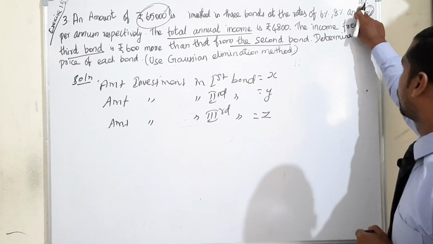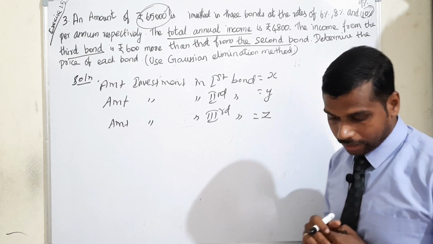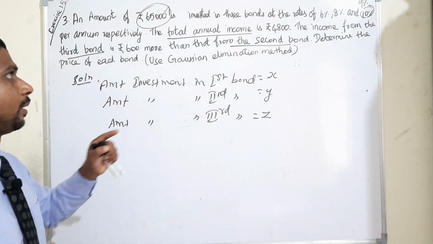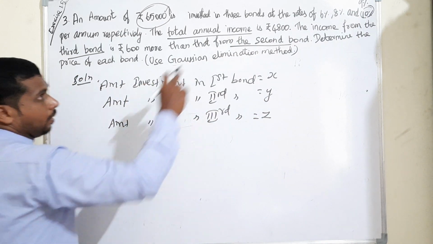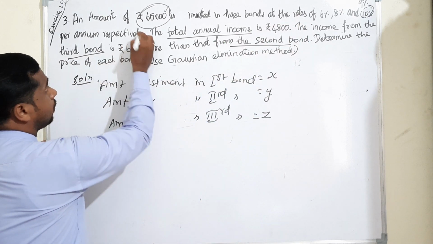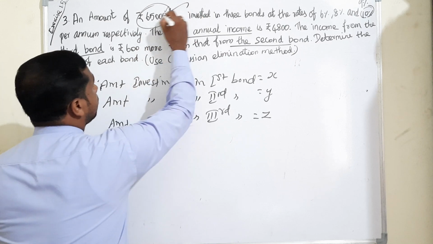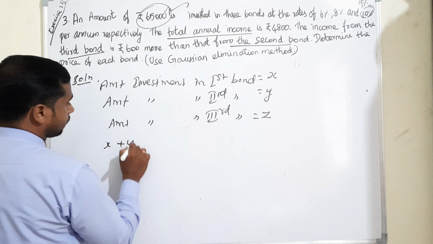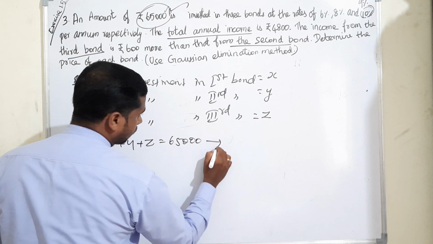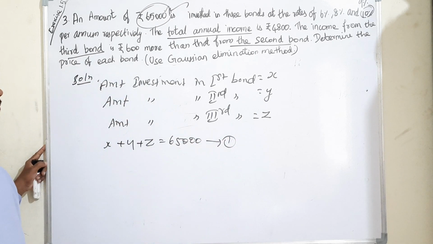Instead of 10, you can apply 9%, and definitely all the 3 bonds added will give the result 65,000, okay? So here I am considering 9%, okay? So now the first one, all the 3 bonds added means 65,000, isn't it? So X plus Y plus Z is equal to 65,000, consider it equation number 1.